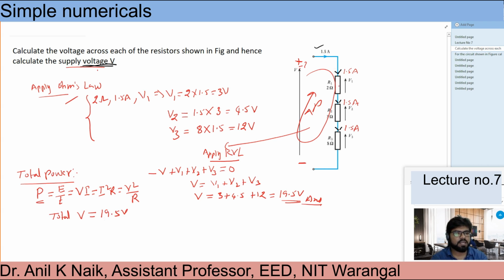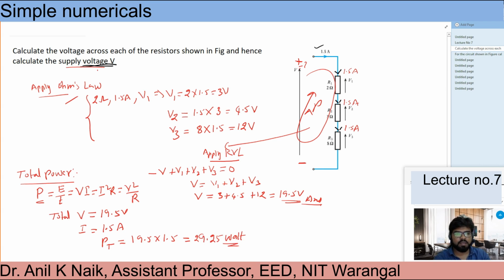The total current is the same, 1.5 amperes. So the total power PT can be taken as 19.5 into 1.5, which is 29.25 watts.